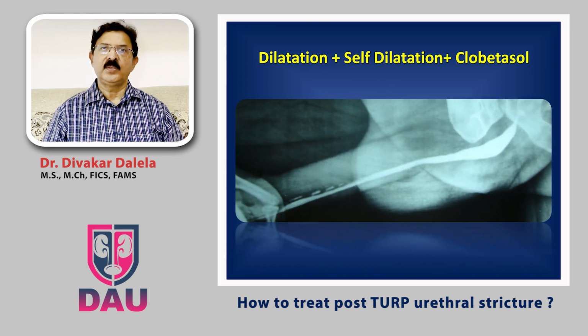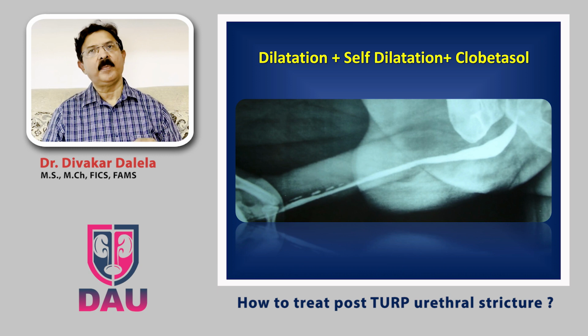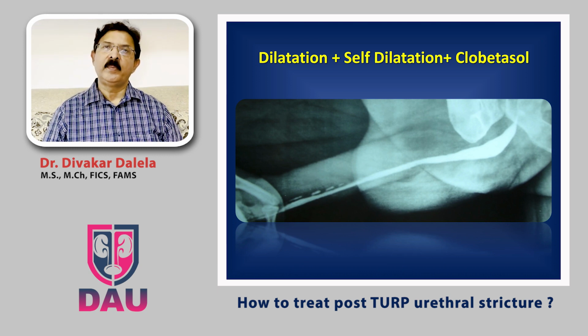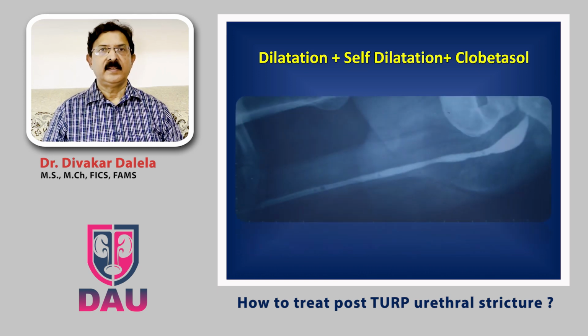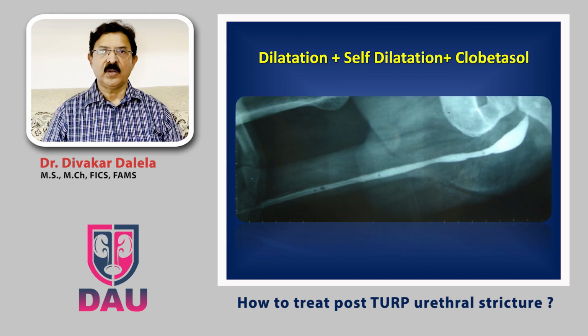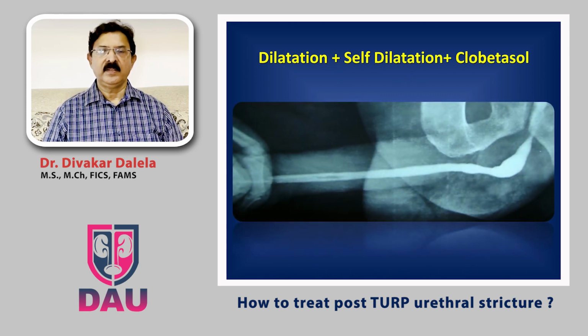I want to share with you some results of this methodology of dilatation followed by self-dilatation by the patient and topical intraurethral clobetasol application. Here is a case of long penile urethral stricture, and this was after a few months of dilatation and self-dilatation, and this is the picture after 6 months.